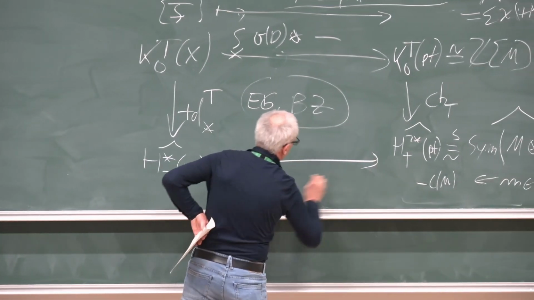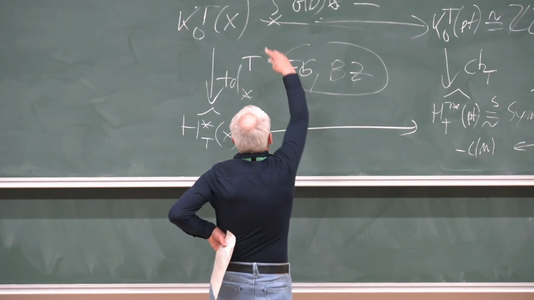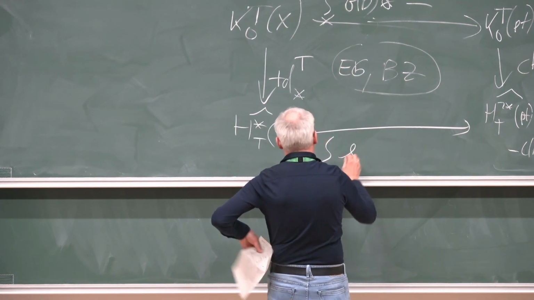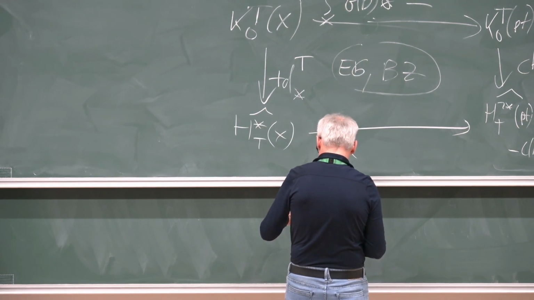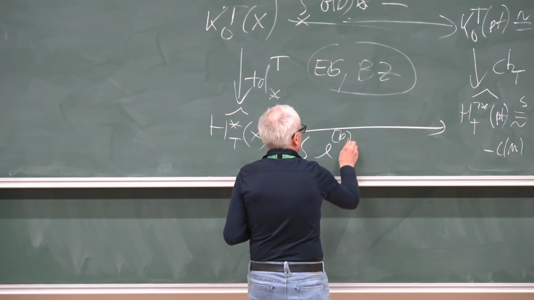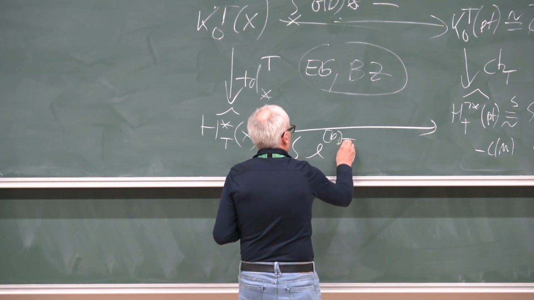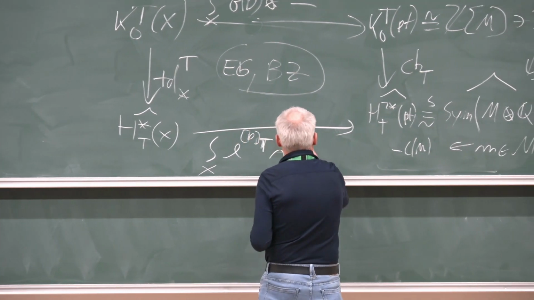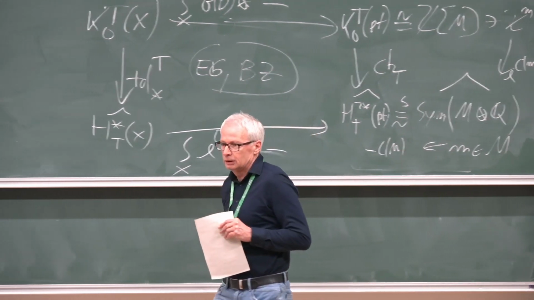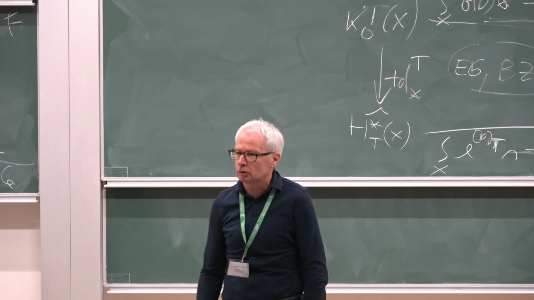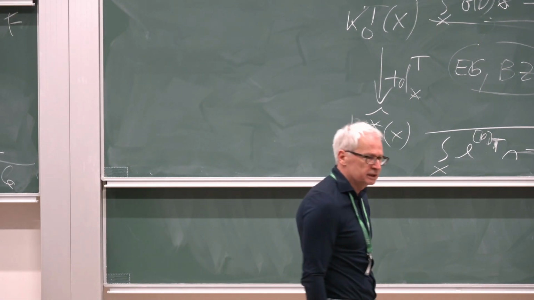And if you push forward on this side, you make a similar thing. You have your integration over X. The O_D becomes the first Chern character. So that is just e to the equivariant fundamental class of this divisor T. And then you cap this with a Todd class, and then you push forward to a point. So the commutativity of this is the Hirzebruch-Riemann-Roch theorem in this context.